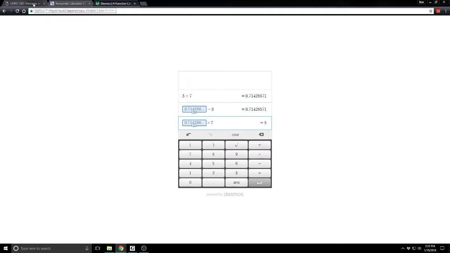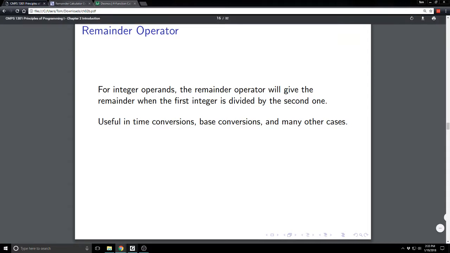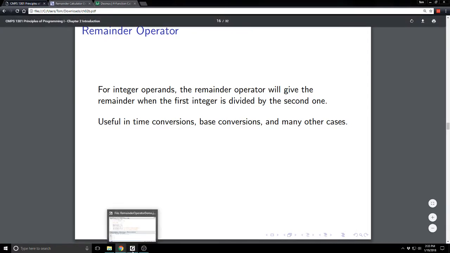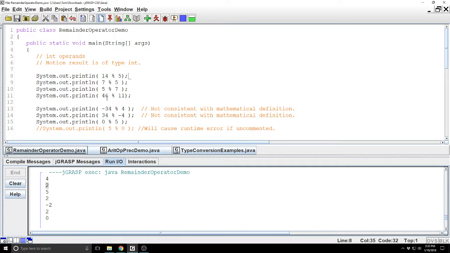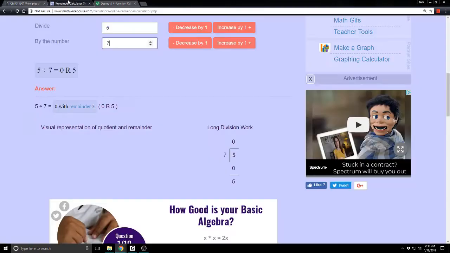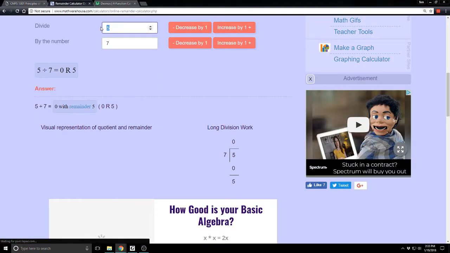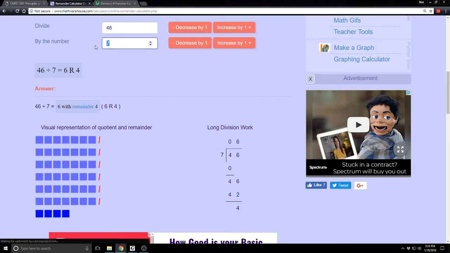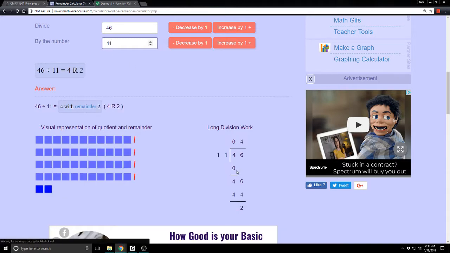All right, let's see the last example. It is 46 divided by 11. So 11 goes into 46 4 times. 4 times 11 is 44. Subtract. You get 2 as the remainder, so that should come out to be 2.